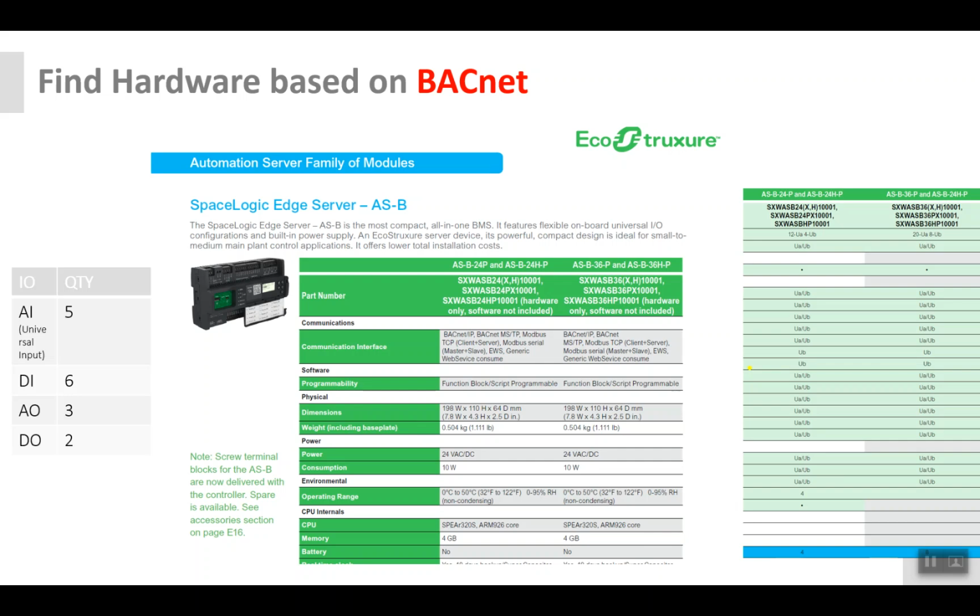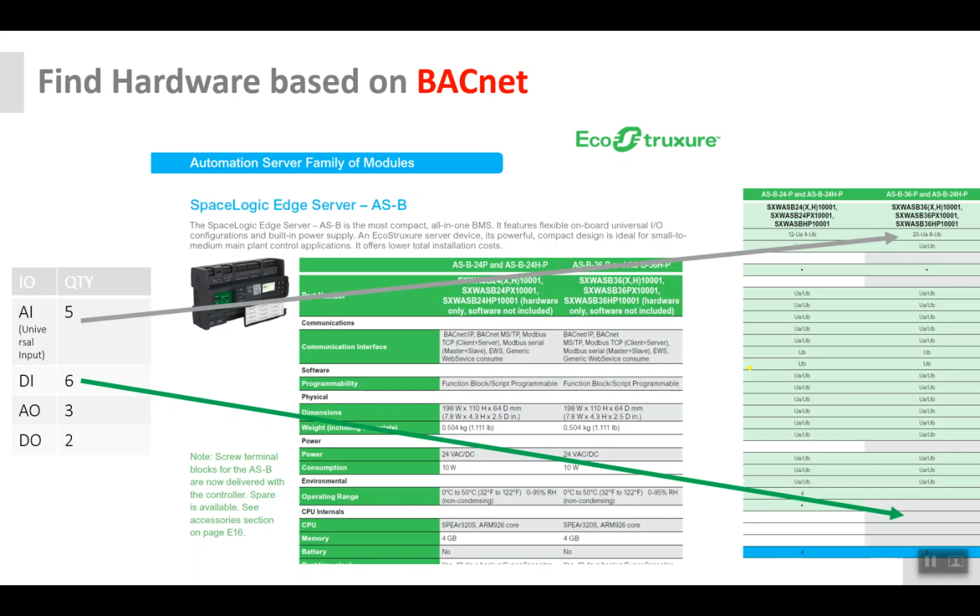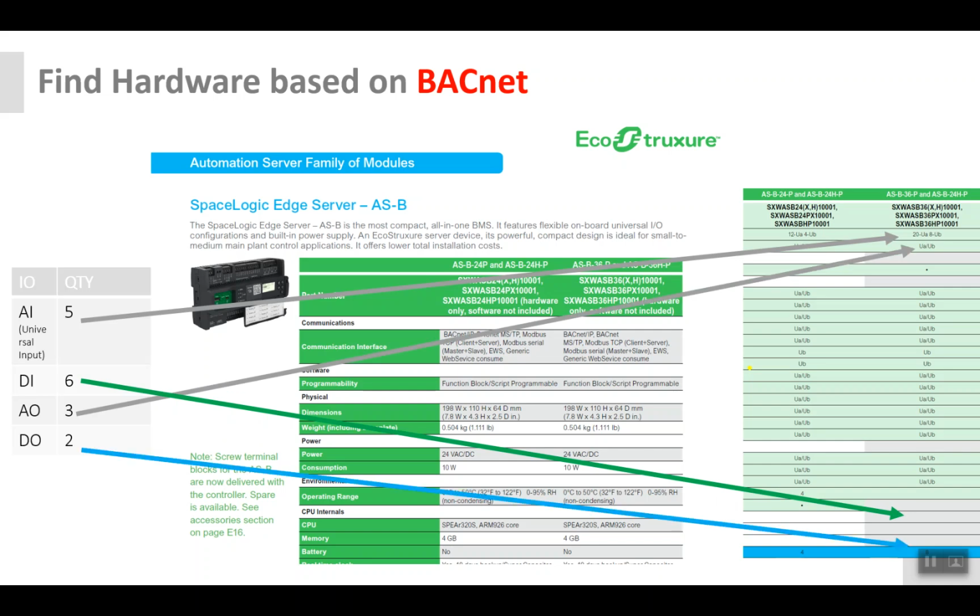So this control is based on BACnet over IP in a BMS. According to the analog input, digital input, analog output, and digital output, we are going to select the specific model that provides all of these needs.